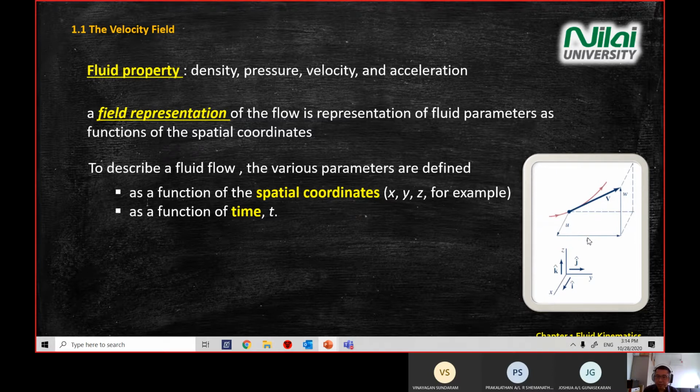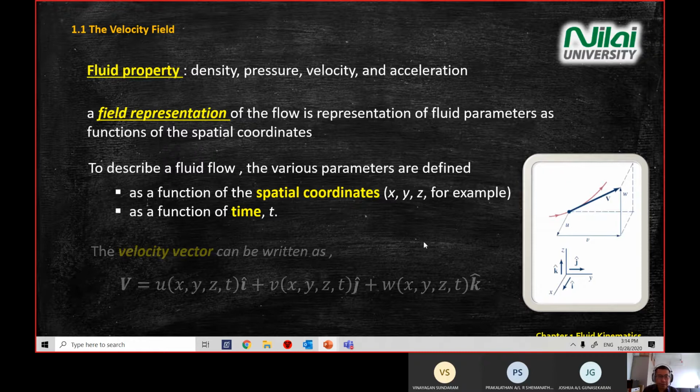Small v is also a vector, along the y-axis. And then the same with w. W represents velocity in the z-axis. So you can define the velocity in a mathematical way in this form.